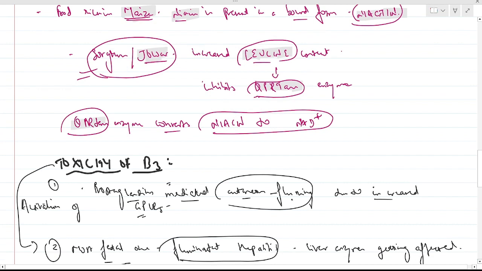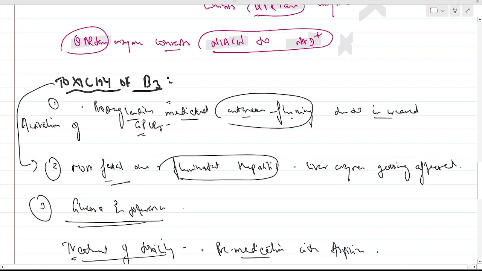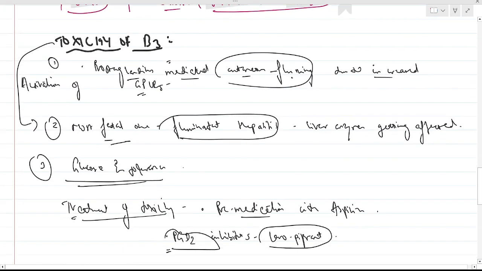This QPRTase enzyme converts niacin to its active form NAD+. As this enzyme is inhibited, many biochemical reactions depending on NAD+ don't take place, leading to many deficiency manifestations and symptoms.